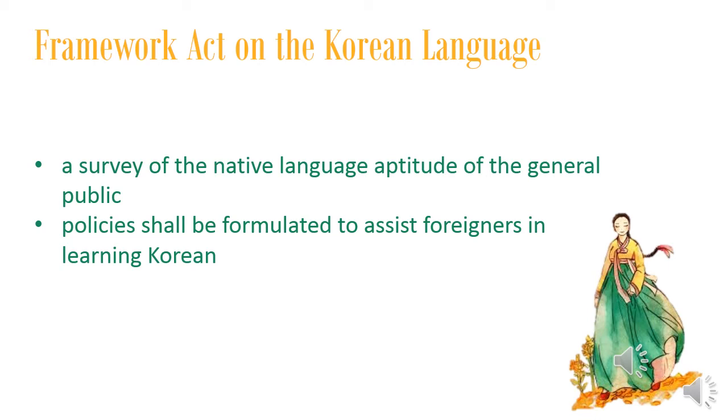So the Framework Act is also concerned with assisting foreigners in learning the Korean language. So there are policies that must be made in order for the Korean language to be taught to foreigners.